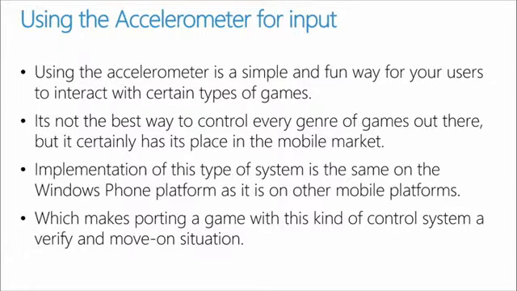The code that you write for the Windows Phone platform is the same that you would write on an Android or iOS platform. So you could write this code once, and it's portable to all devices. That's really nice. It makes it pretty much a verify-it-and-move-on situation: make sure it works, test it, and if it's good, move on.